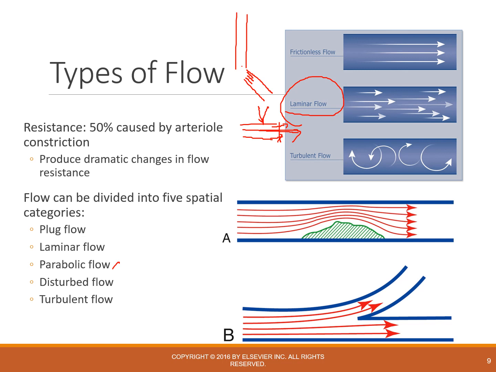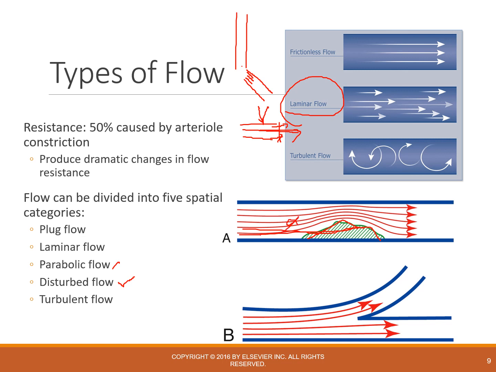The next is our disturbed flow. So disturbed flow is going to occur when we have a bifurcation or even a stenosis like we have here in A. And it disturbs or disrupts the lines of the flow. They can no longer maintain in exactly straight lines. However, the disruption is insignificant enough that they all shift, but they don't start to run into each other.